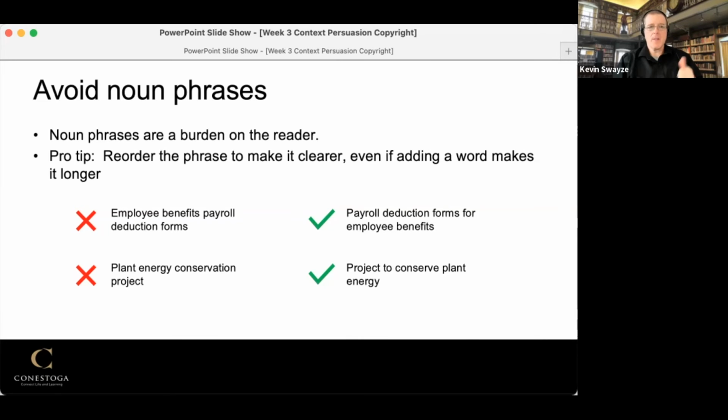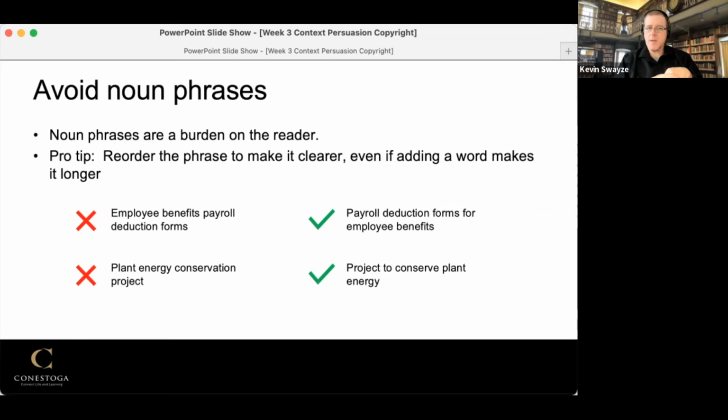Wow, it's employee benefits payroll deductions, and it's a form. So it's that form, something you fill out, it's only for employees' benefits for payroll deductions. Okay, so it'd be better to break that up a little bit to make it easier to understand. We're talking about payroll deduction forms for employee benefits. That's extra payments that happen.